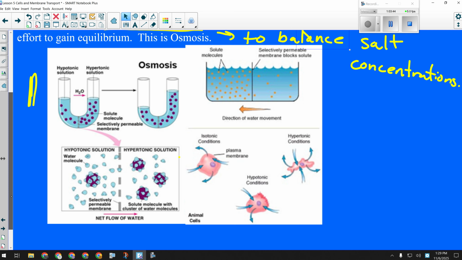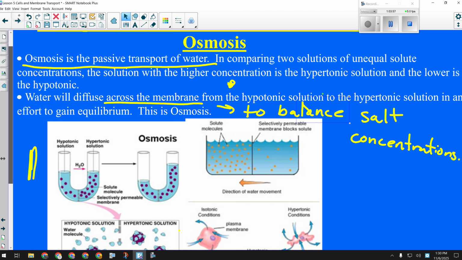Okay, making some sense? So osmosis: passive movement of water only across the membrane to balance salt concentrations. That's what you need to know. Osmosis and diffusion are both passive transport.